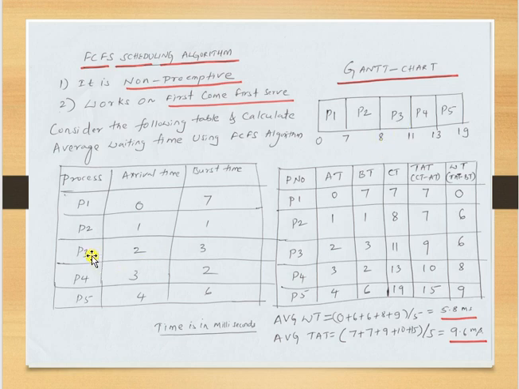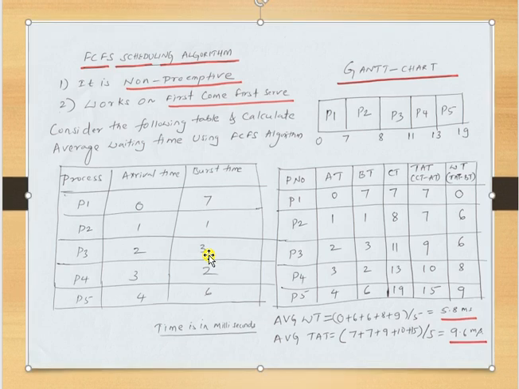Then P3 comes, with arrival time 2 milliseconds and burst time 3 milliseconds. So P3 completes at 8 plus 3, which is 11. P4 has arrival time 3 and burst time 2, so in the Gantt chart from 11, P4 completes by taking 2 milliseconds: 11 plus 2 equals 13.